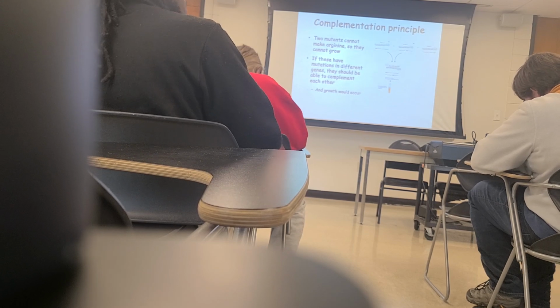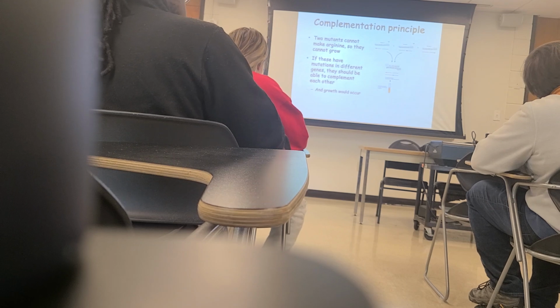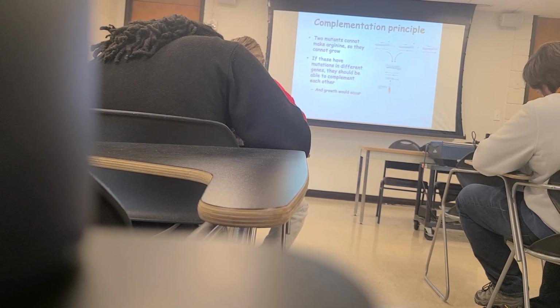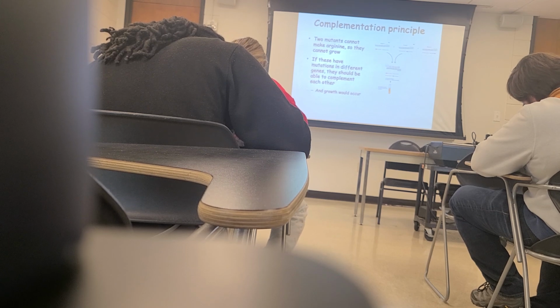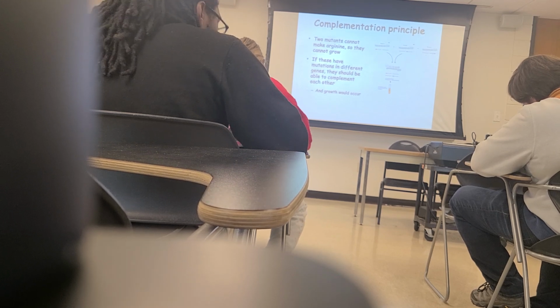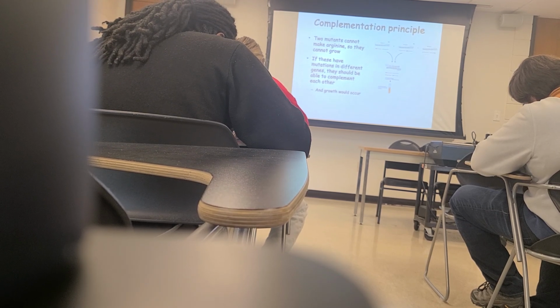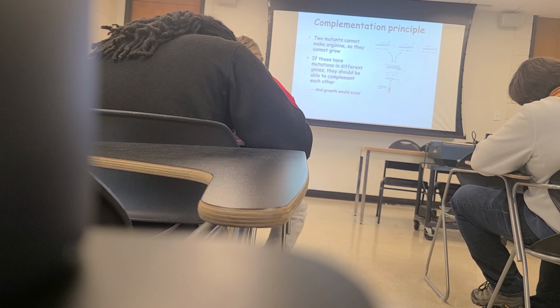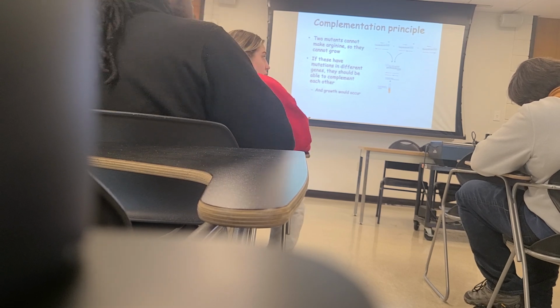As we're going to see if you go forward, that doesn't matter. It's not where the mutation is relative to the other, it's which gene is mutated relative to the other. So if we have the same gene mutated in two different mutants, no complementation can occur because we're lacking the exact same function in both those organisms.